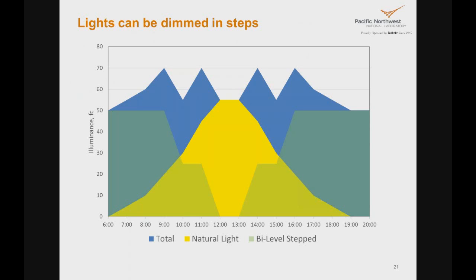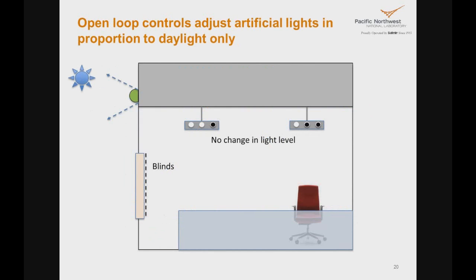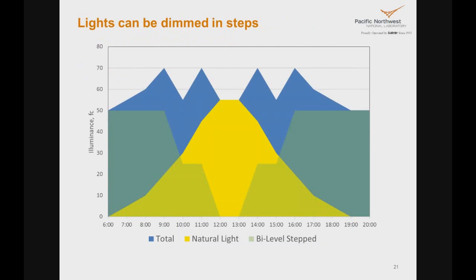So light can be dimmed in steps. We saw in the previous chart, individual lamps being turned off. Essentially, what we are doing is we are turning off the light in steps. What happens here is, imagine that the sun starts coming out early in the morning. This yellow piece of the graph shows the natural light.